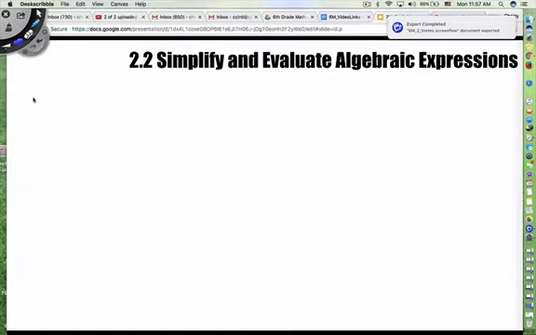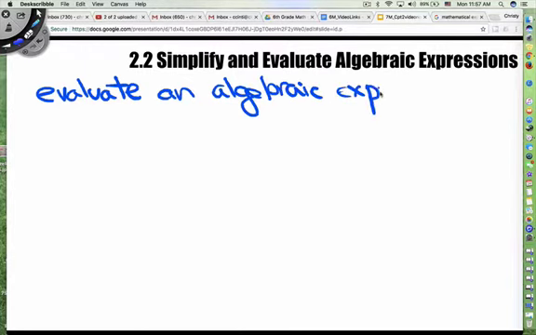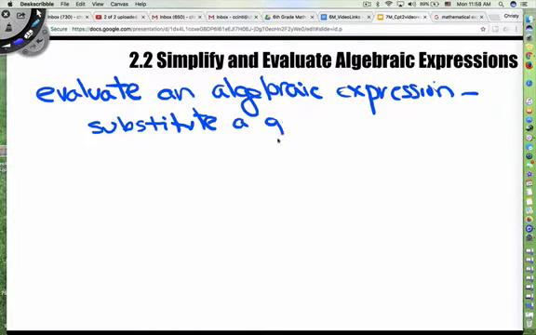So to evaluate an algebraic expression, what you will do is substitute a given value in for the variable.